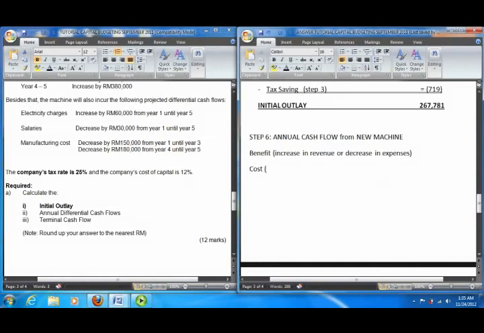Cost we consider as a situation of decrease in revenue or increase in expenses and changes in depreciation. I will show you how to calculate.